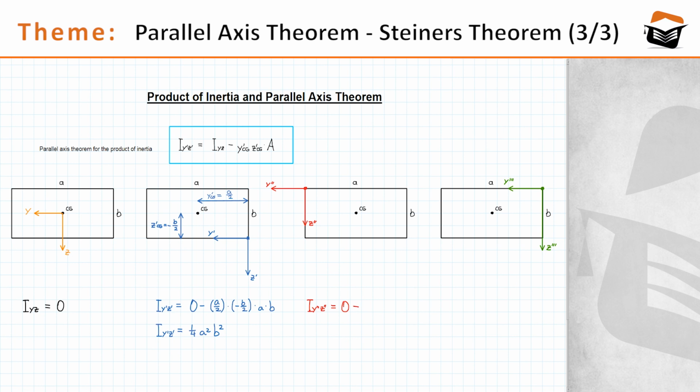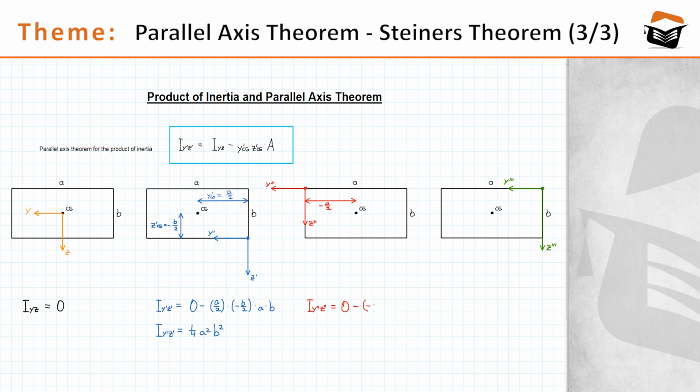Minus y sub cg double prime, the distance between the centroid and the coordinate system origin along the y double prime axis, and that is going to be this distance. I'm just going to write down minus a divided by 2. It's minus because the distance is in the negative y double prime region.